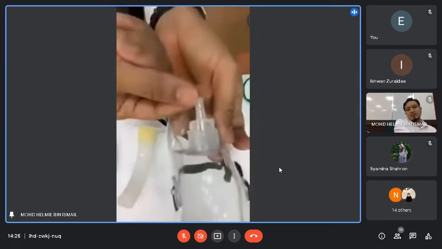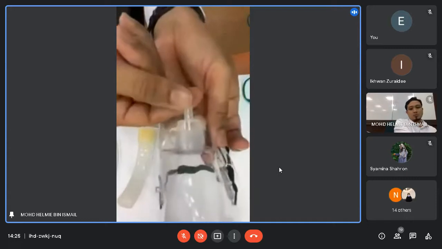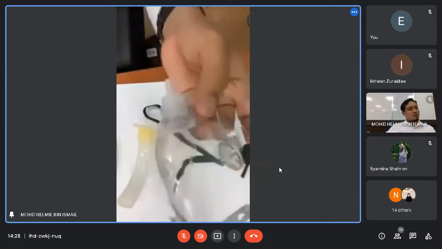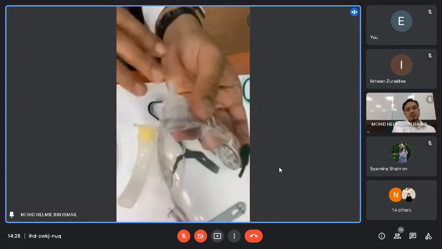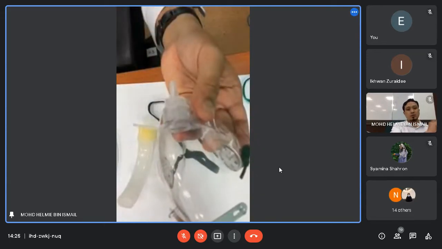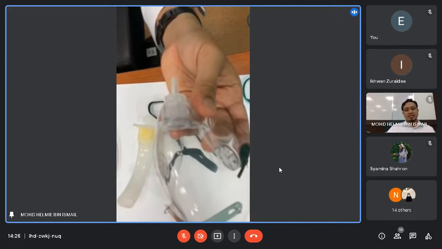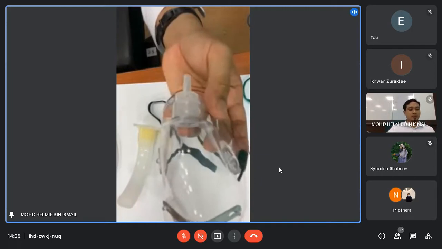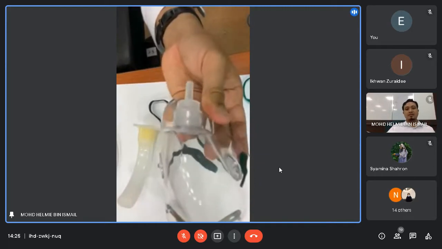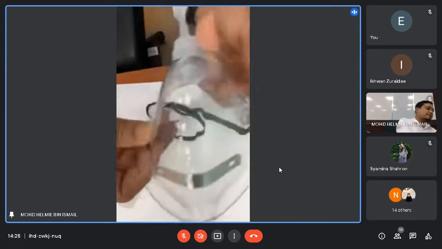Alright, and then you can give the oxygen to this tube, and when you inhale and exhale, you mix with the oxygen concentration and also room air. That's why it doesn't give a maximum concentration of oxygen, because face mask applies the rebreathing punya system. Alright.